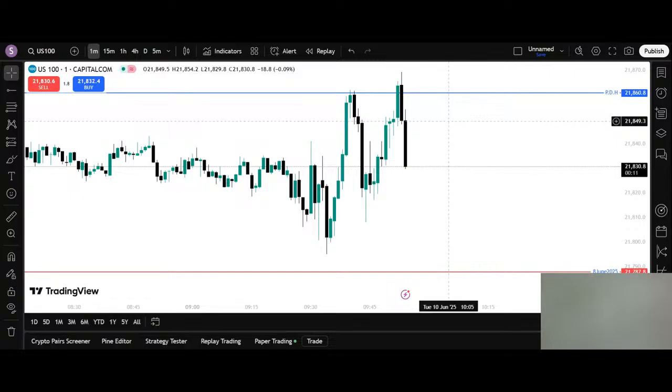Price seems to be giving a strong bullish retracement. But sorry, I mean bearish retracement.